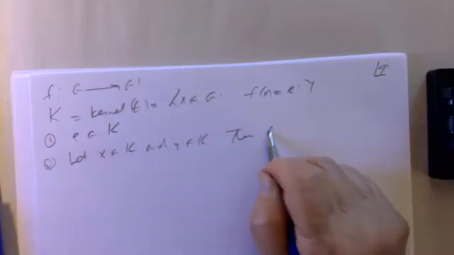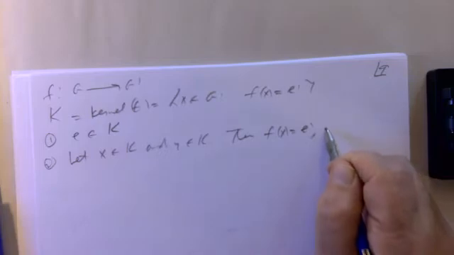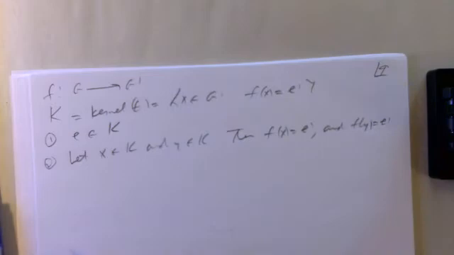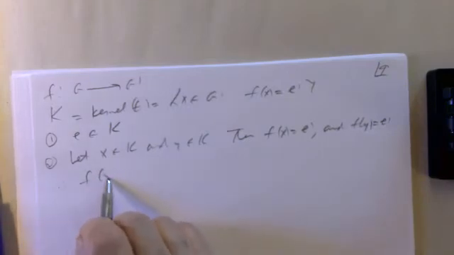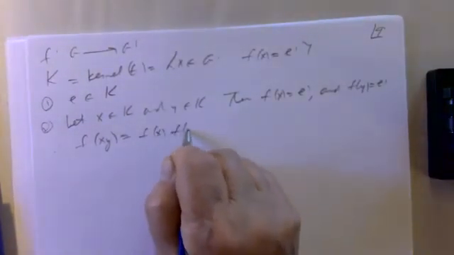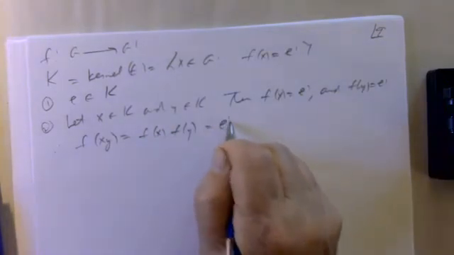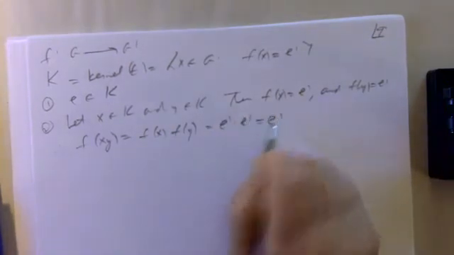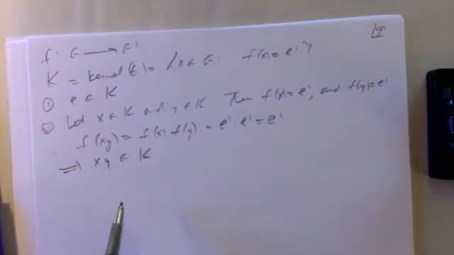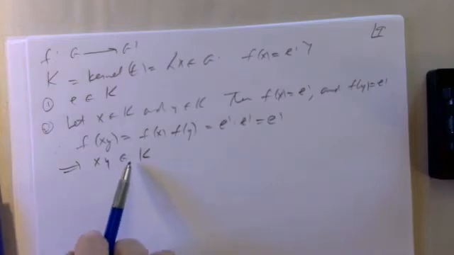If x is in K, f of x equals the identity, and f of y is the identity, E prime. And what is f of x times y? Because f is a homomorphism, this is f of x times f of y. That's E prime times E prime, which is E prime. So therefore, xy is in K. So this shows that K is closed under multiplication.